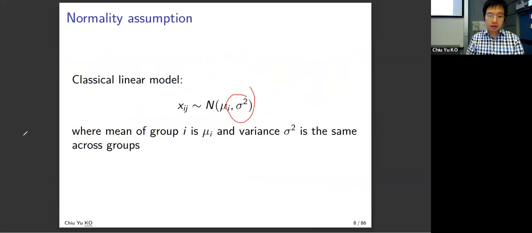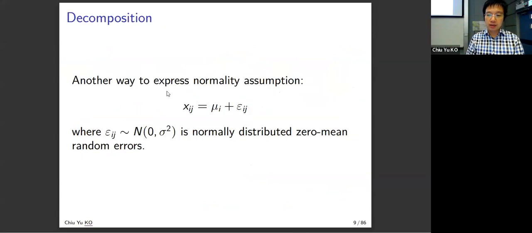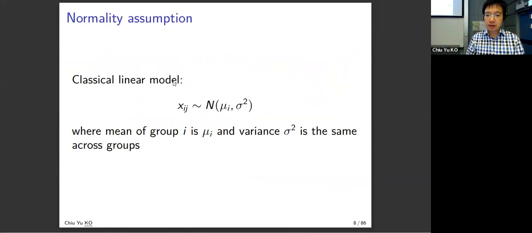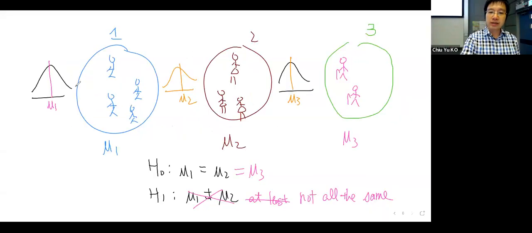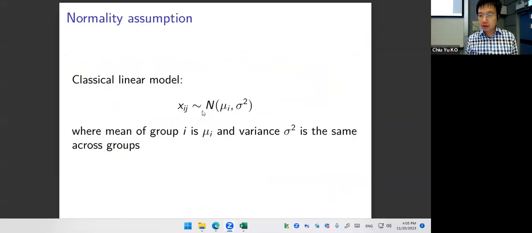So this means that I make sure this is sigma square, sigma square. Of course, when you collect the sample, the shape will be different, but the underlying has the same variance. So this is the ANOVA main assumption.